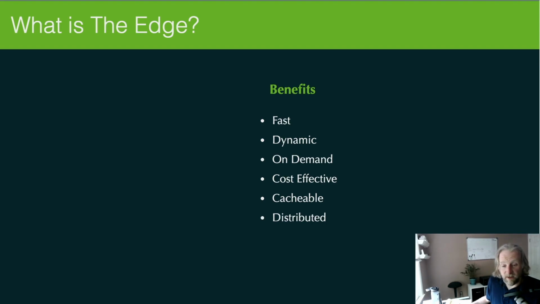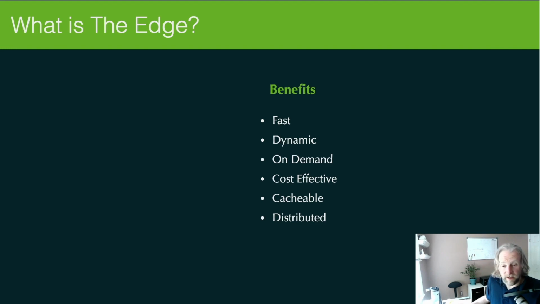What's really nice for serverless and edge is, unlike an actual server, they're on demand and cost effective because you're only paying for the function calls that happen. There's not a server just running 24/7 waiting for someone to hit it. And so hopefully your costs are a lot better as a result.